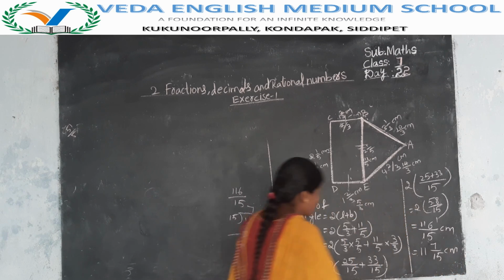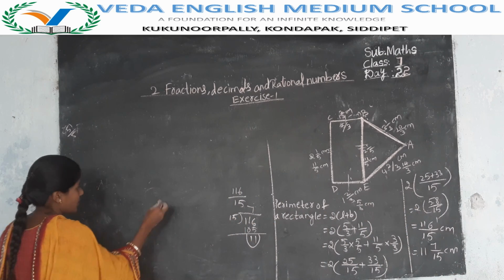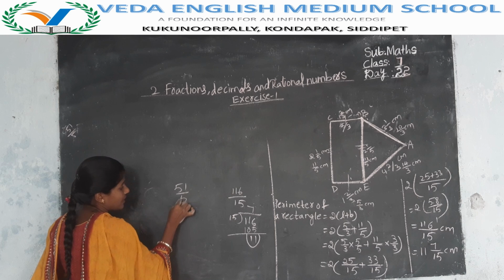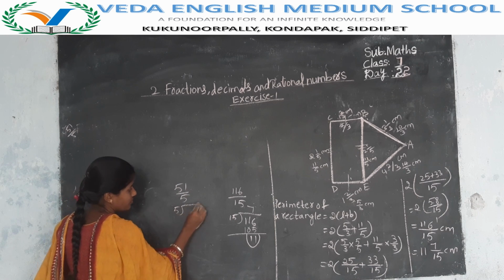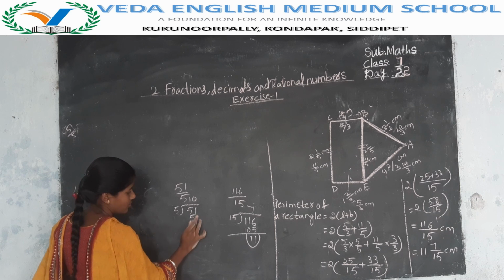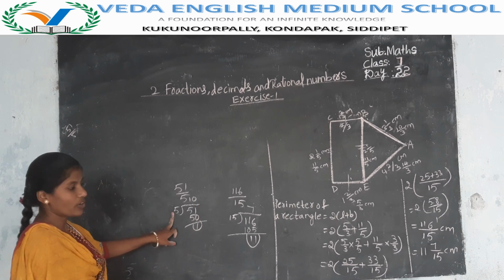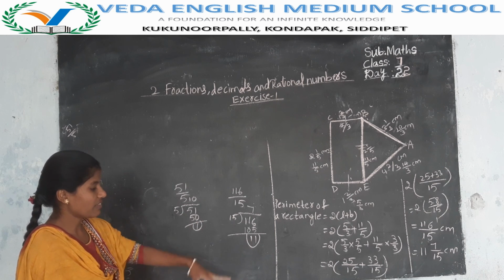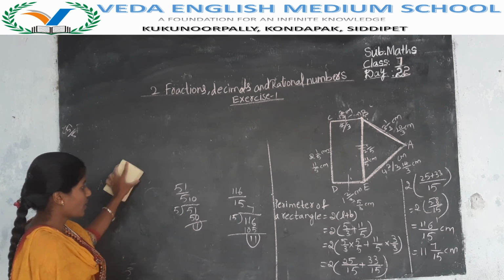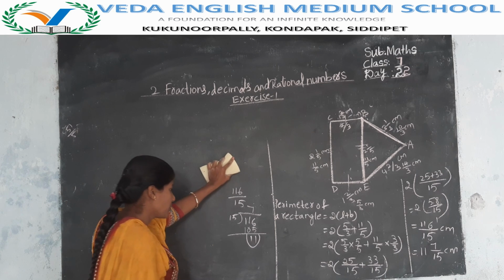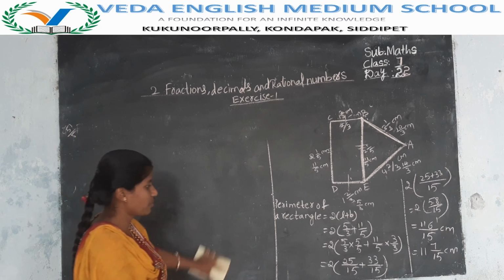Now for the first one we got 51 by 5. How much did you get for the triangle? 51 by 5 means 5 tens are 50, sorry, 5 tens are 50 you got, 10 into 1 by 5 you got. And the rectangle is 11 into 7 by 15. Out of these two, which has greater perimeter? The triangle ABE has greater perimeter.